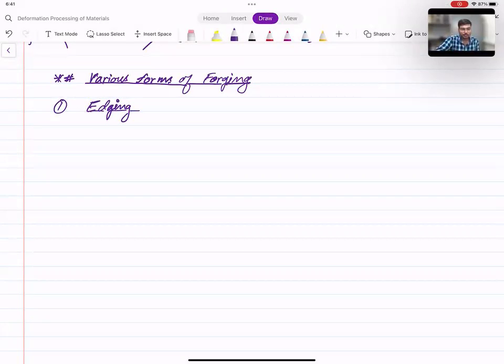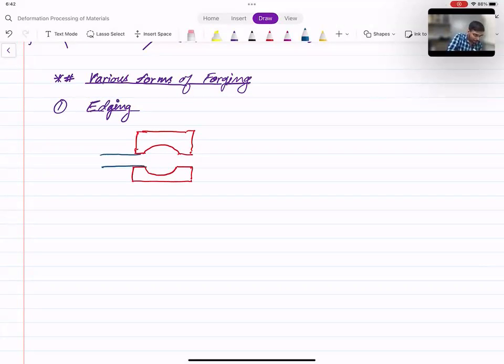So how is it done? Basically, there are dies. Let us say we have dies like this, and the workpiece is fed into this cavity.